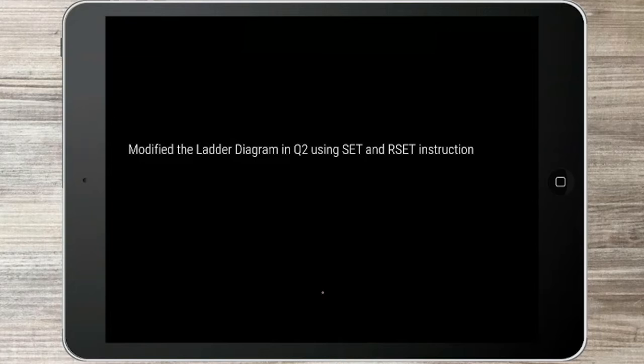Yang kedua, dia suruh kita tukar kepada set dan reset. Set dan reset ni berfungsi sama seperti latching tapi dia menggunakan dua output iaitu set dan reset. Dia dalam keadaan normally open. Okay, ini adalah set.